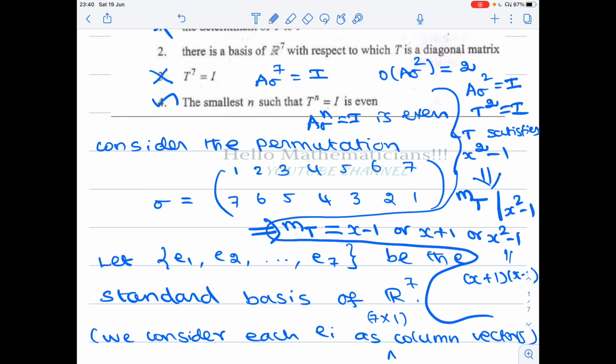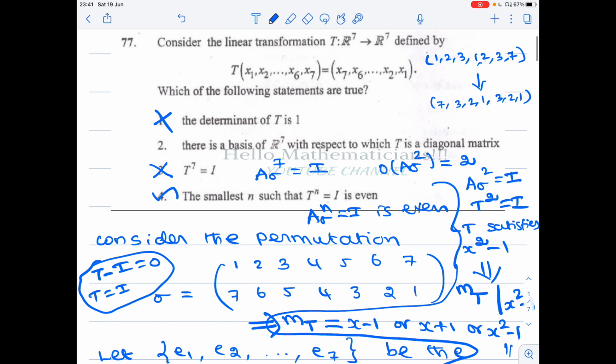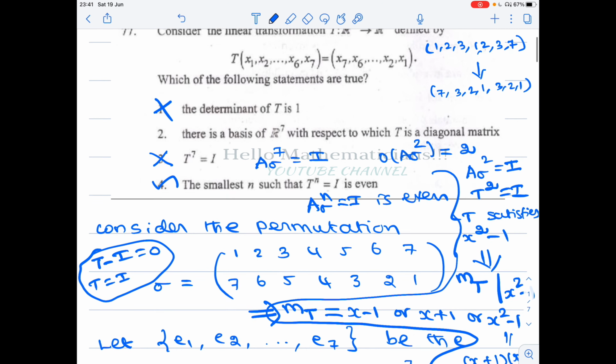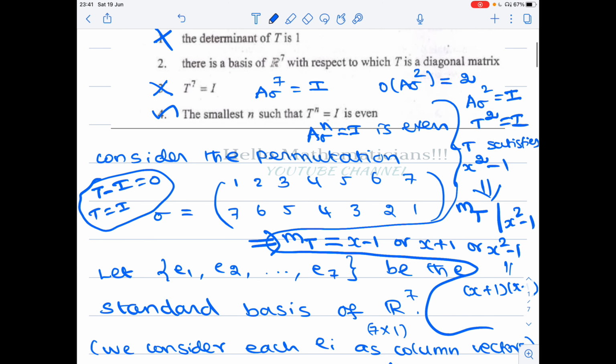So in x minus 1, if you substitute T, you get T minus I equal to 0. You will get T equal to I. But T is clearly not the identity linear transformation. Therefore, the minimal polynomial cannot be equal to x minus 1.